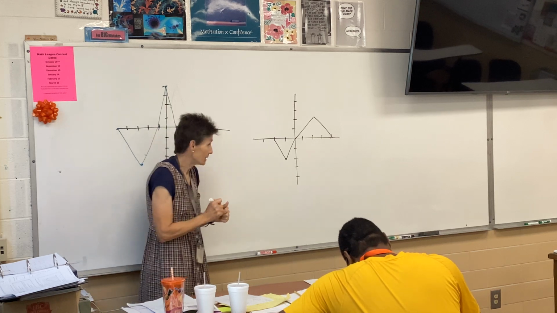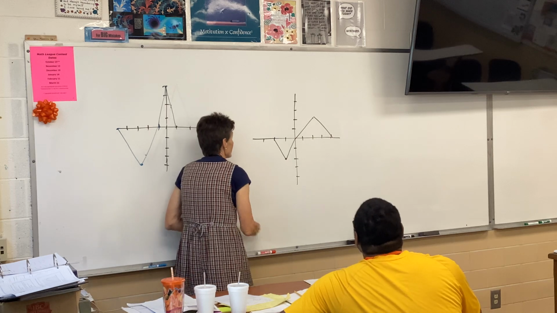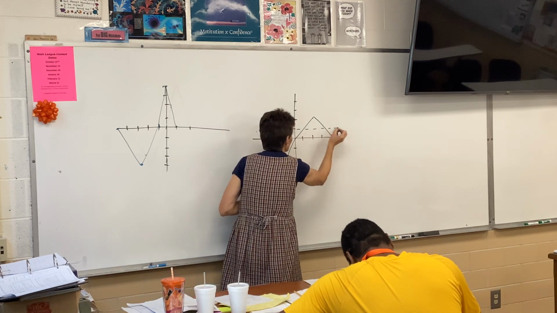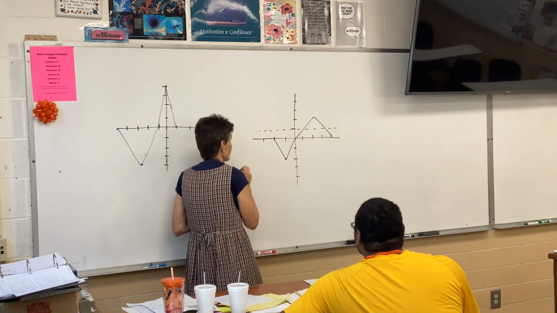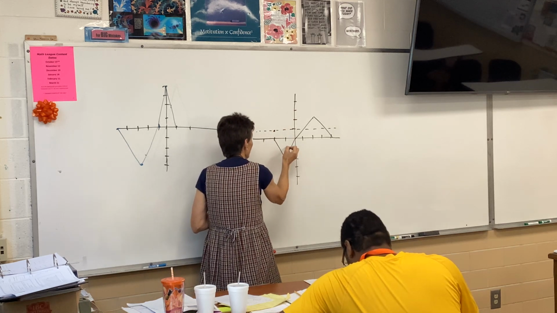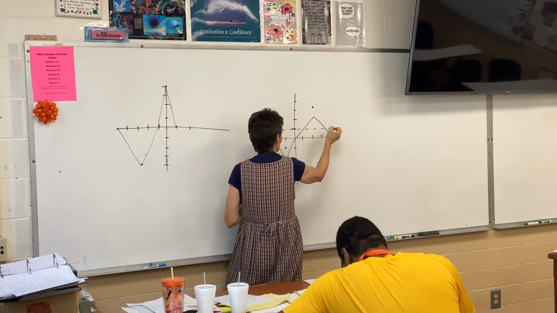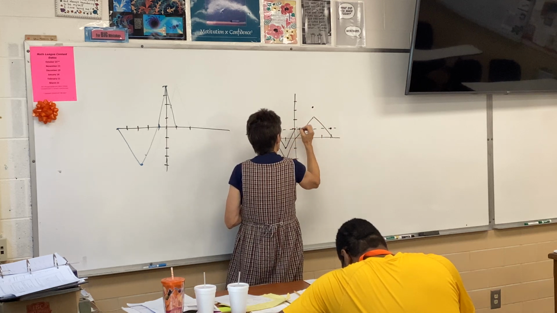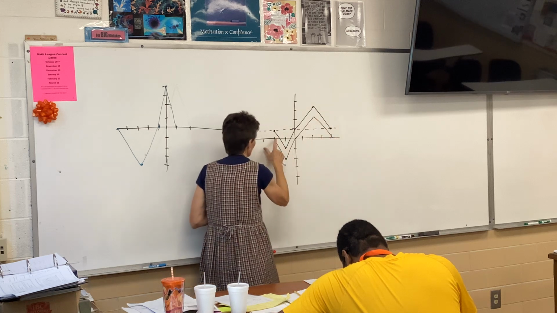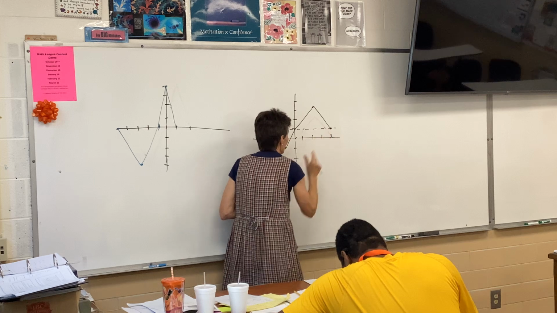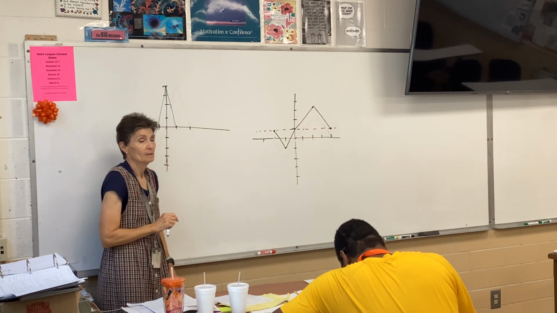Now I gotta take it up 1. So I'm gonna think of this line right here. You actually have a line on your graph paper, so everything's coming up 1. And I didn't do a different color, but every point just got lifted up 1.